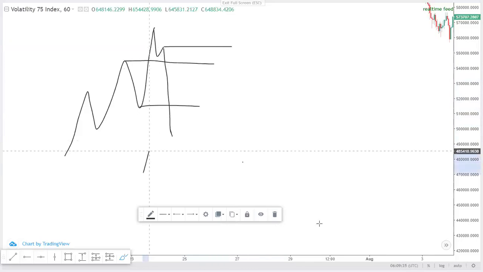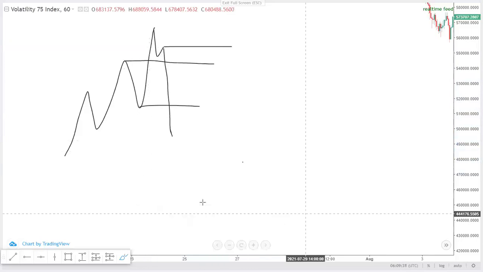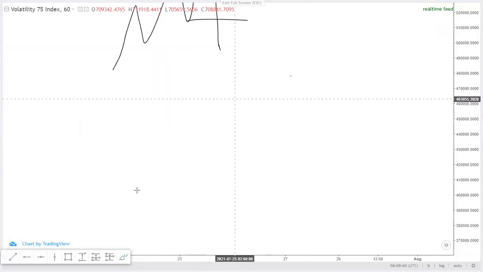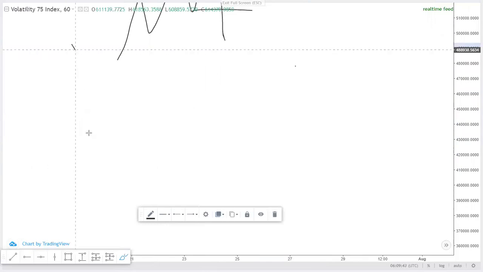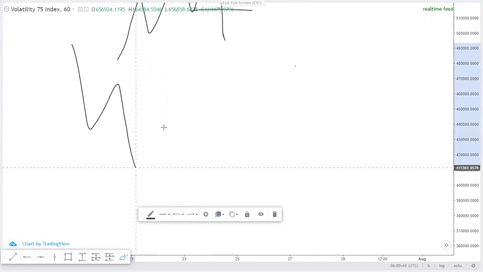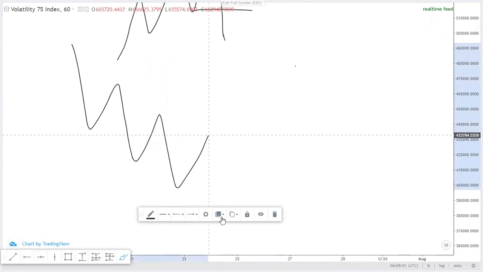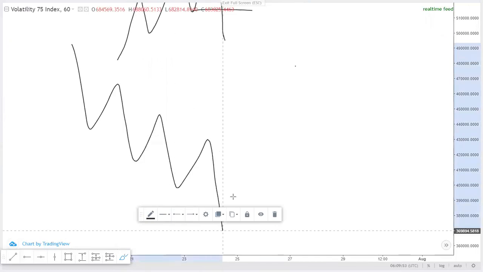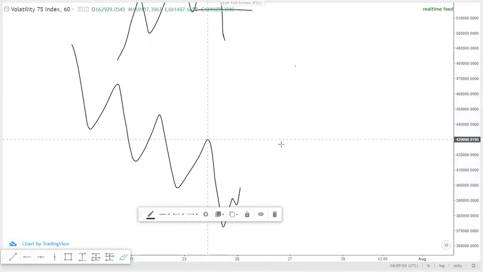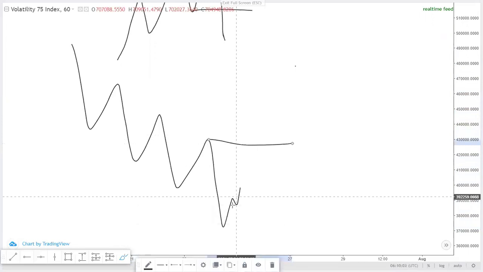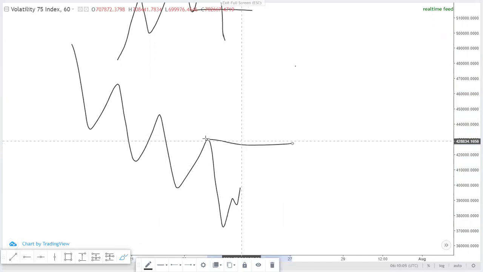So let's look at an example of a downtrend. Let's say we are in a downtrend. Before price breaks this structure, the market creates a certain structure right here before breaking the main structure.